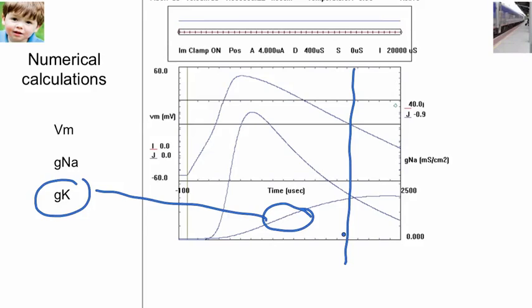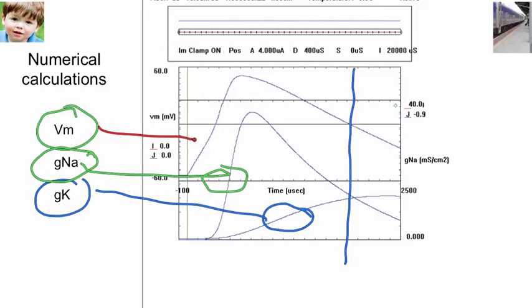If you take these curves as a whole, Vm and GNA, you can say, well, look, what's happening here is the following thing. Vm goes up because GNA goes up.